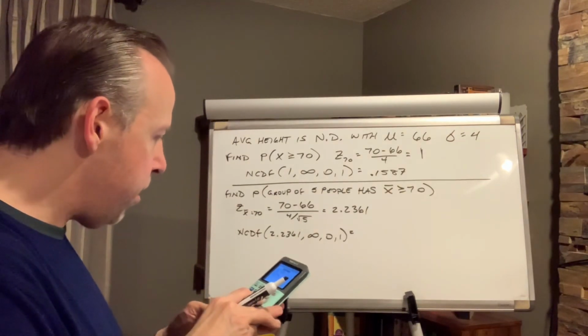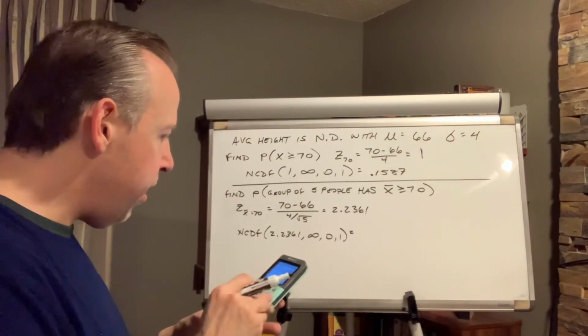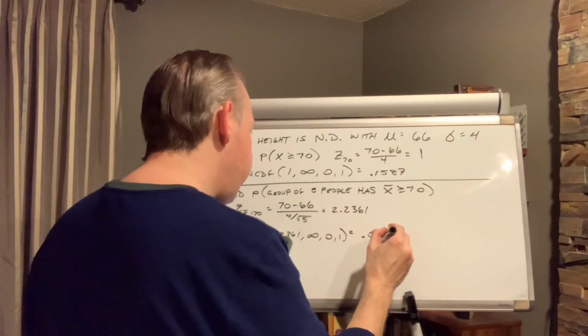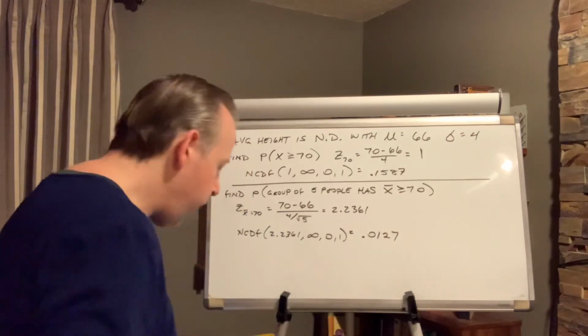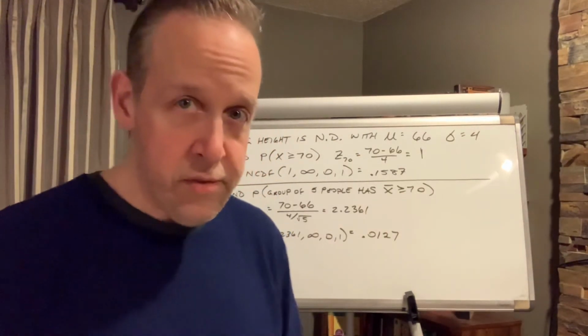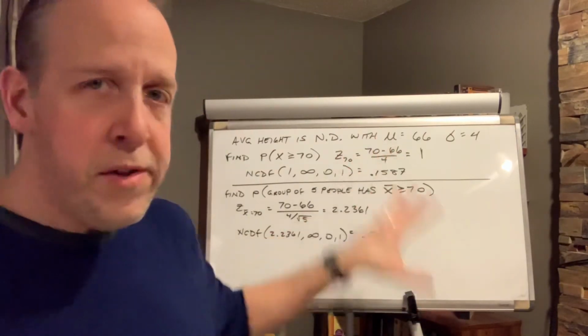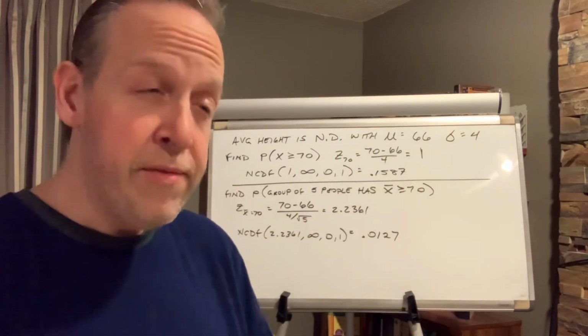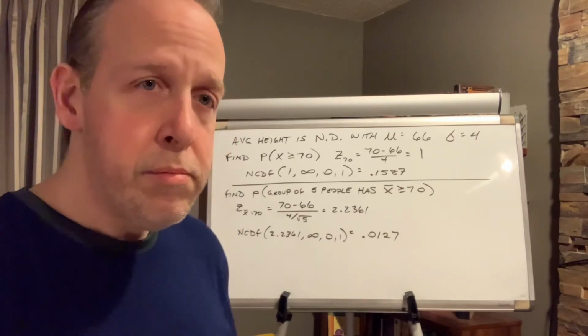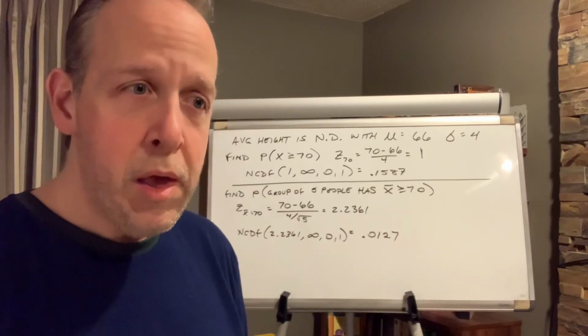2.2361 gets me, what a small answer, 0.0127. Let's pause and consider what that says. There was a 15.87% chance of finding one individual who deviated from the norm by at least 4 inches.